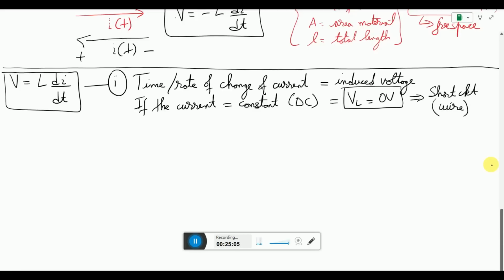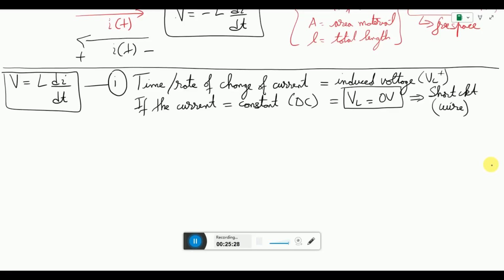So this is the first condition we need to remember when looking at this equation of the inductor, that the rate of change of current is responsible for producing this induced voltage. But if the current becomes a constant value, which we say as a DC source, then the voltage will be 0, and thus the inductor works as a simple short circuit wire.